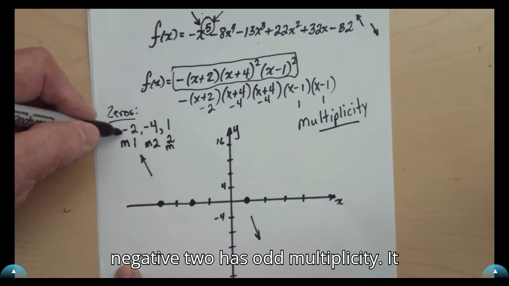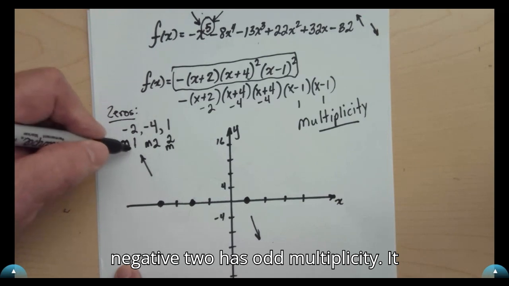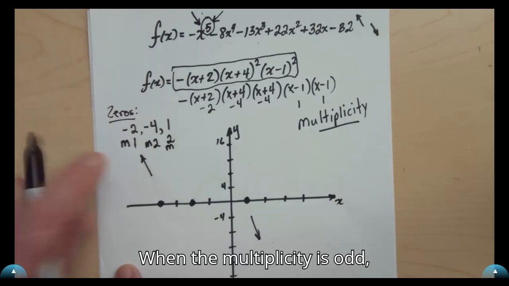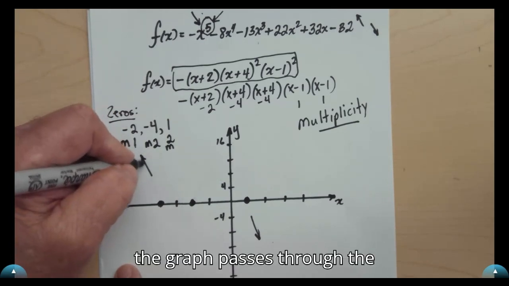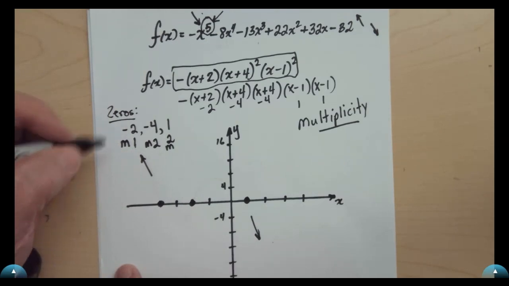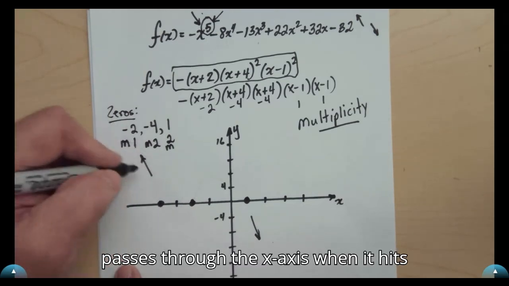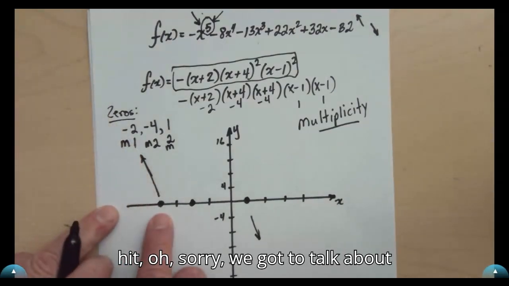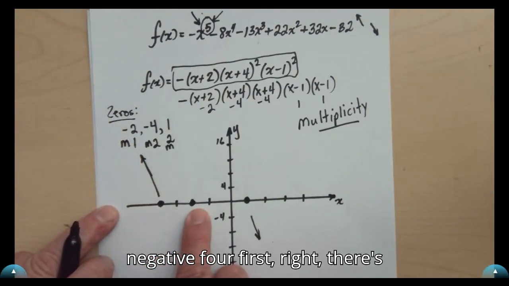So -2 has odd multiplicity. It shows up as a 0 1 time. When the multiplicity is odd, the graph passes through the x-axis when it hits that x-intercept. In other words, when I hit, oh, sorry, we got to talk about -4 first, right? There's -2.